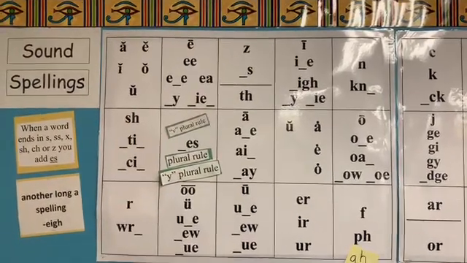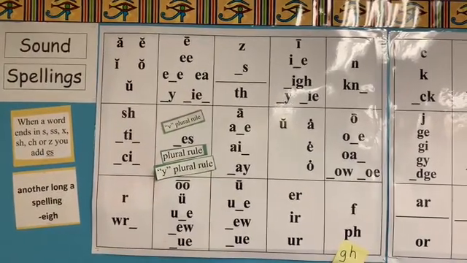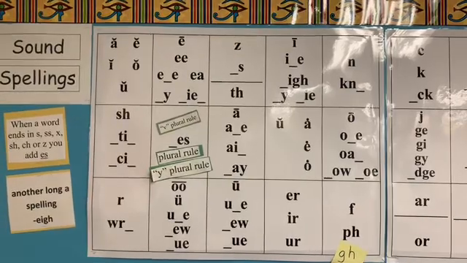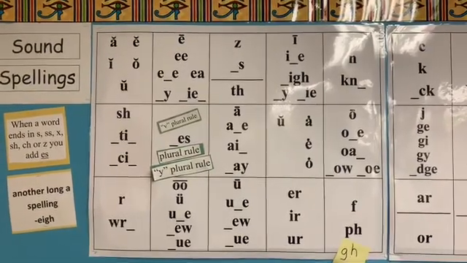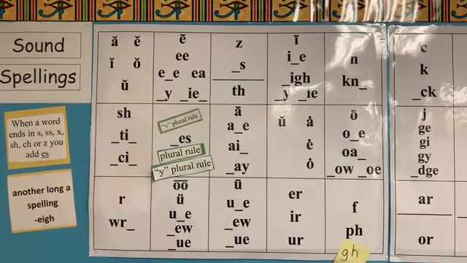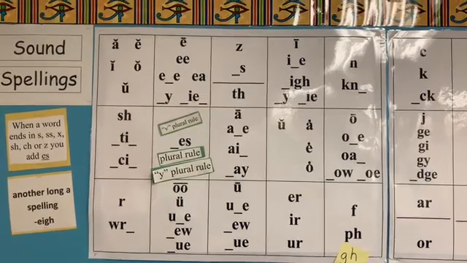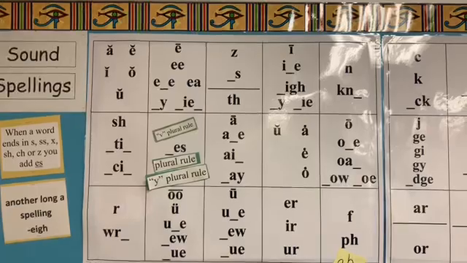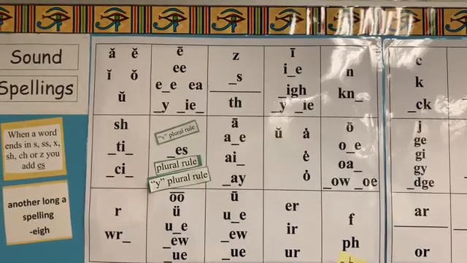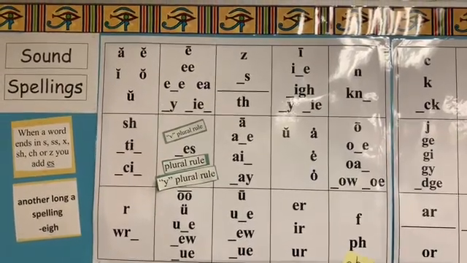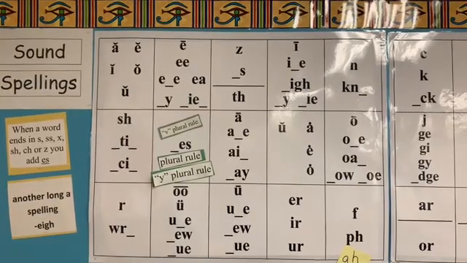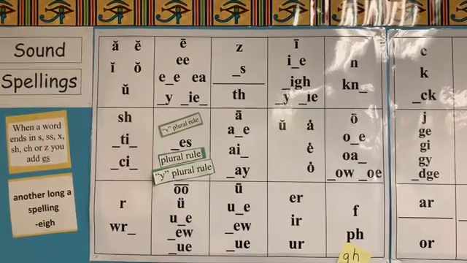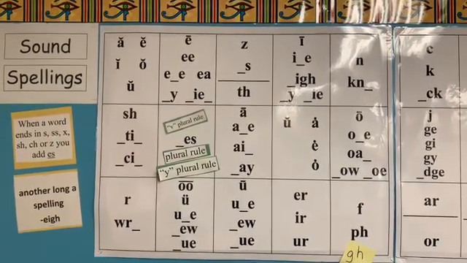Change the F to a V and add blank E-S. Plural rule. When a word ends in S, SS, X, SH, CH, or Z, you add blank ES. Y plural rule. Change the Y to an I and add blank ES.